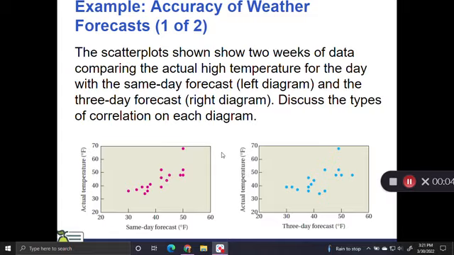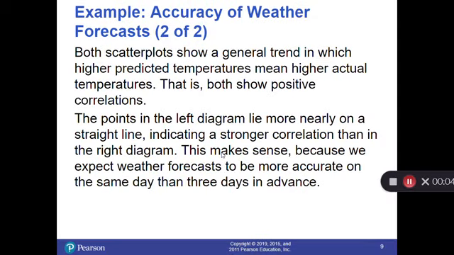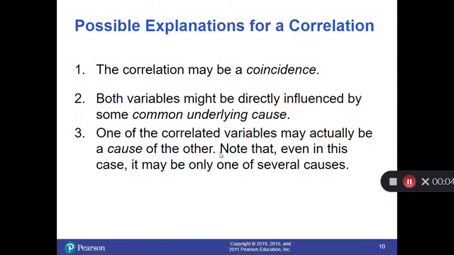Now for some possible explanations for correlation. We have to understand that correlation doesn't mean that one variable actually causes the other. That is the case sometimes, but more often than not, a correlation could be just due to a coincidence.